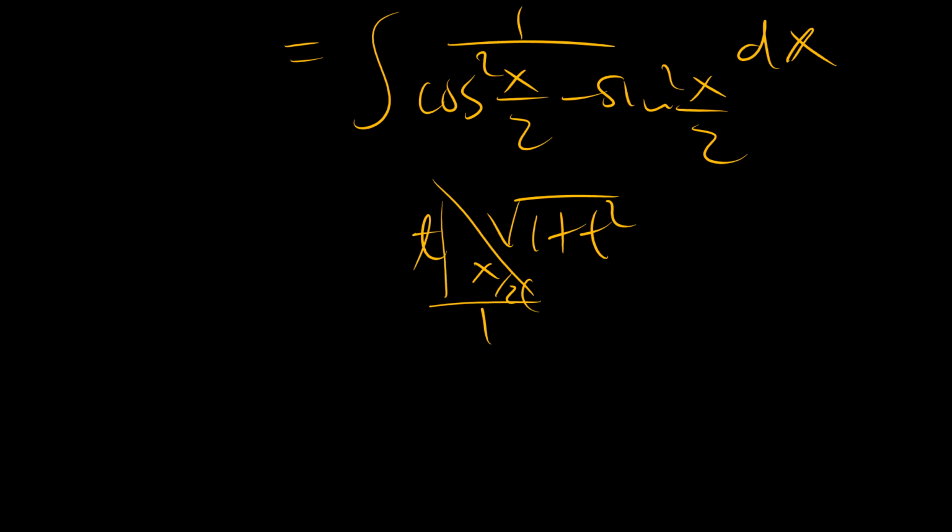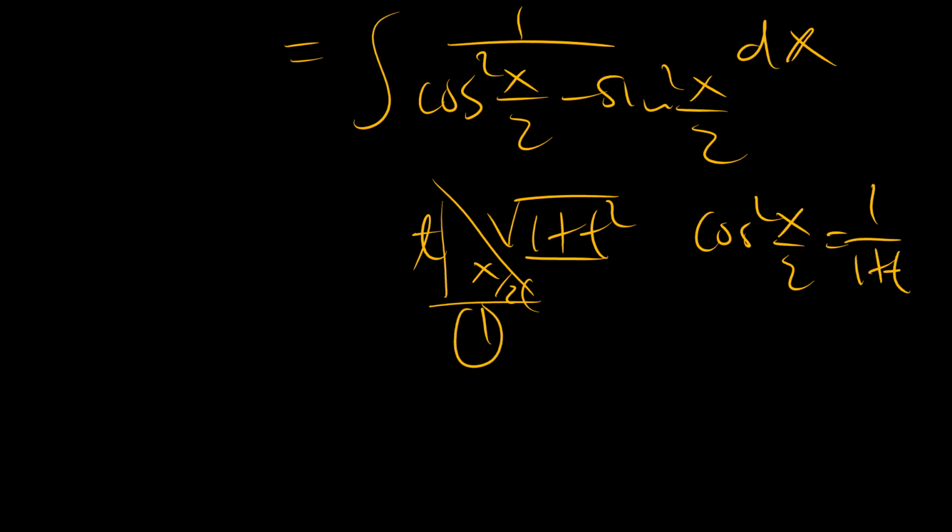And so cosine squared x over 2 is adjacent over hypotenuse squared, 1 over 1 plus t squared, and sine squared x over 2 is t squared over 1 plus t squared, right?